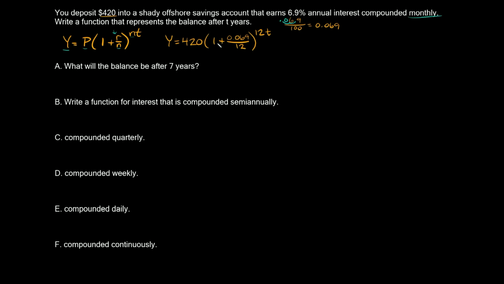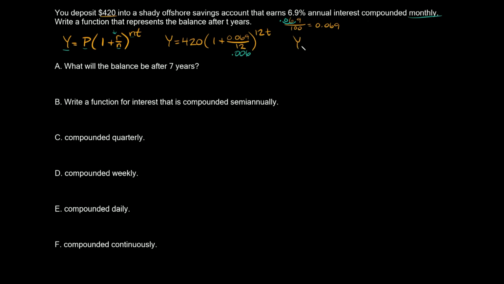Now we just need to simplify what's in our parentheses first. So first of all, we're going to do the division, right, because of PEMDAS. So 0.069 divided by 12 is approximately equal to 0.006. Okay, so what we have in parentheses is actually 1 plus 0.006. So I'm going to rewrite this whole thing.